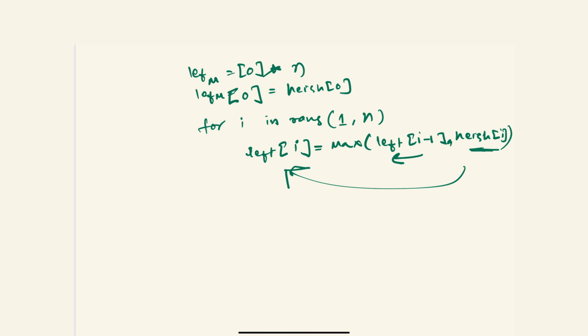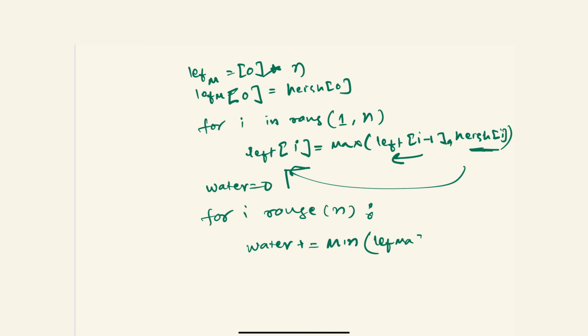Now we require one more for loop for water. So initialize the answer as 0. For i in range till n, I need to repeat. Now what will be the water? Water plus equals, what was the formula? Min of left max at i index, comma, right max at i index.